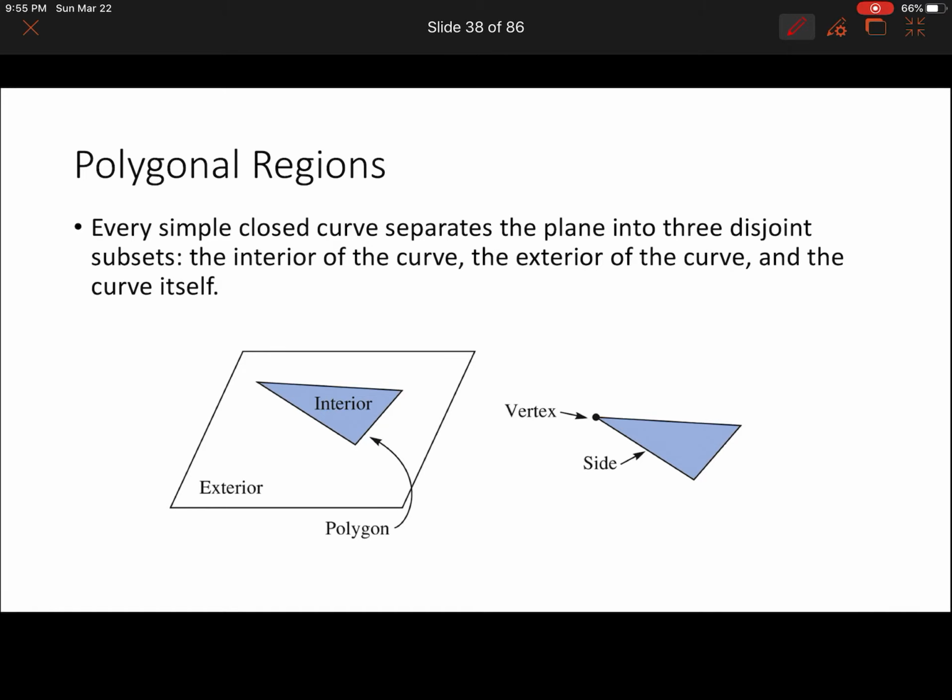Okay, so continuing in section 11.2, talking about polygons, we just identified simple, closed, convex, concave polygons, and so on.